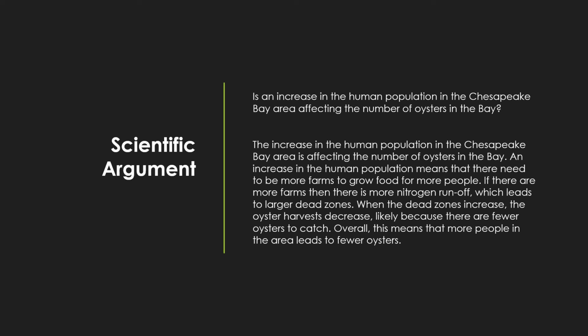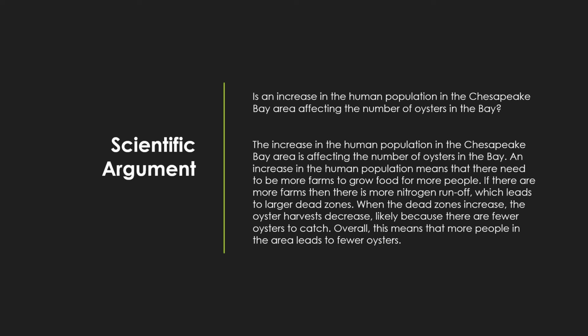That's our claim. An increase in the human population means that there need to be more farms to grow more food for more people. If there are more farms, then there is more nitrogen runoff, which leads to larger dead zones. These are our evidences.